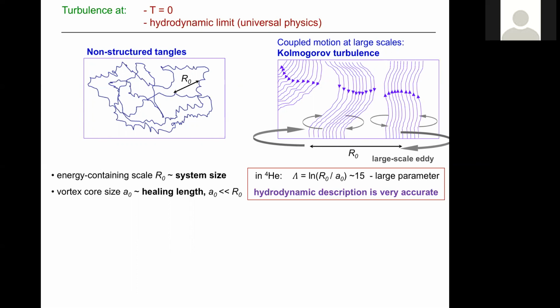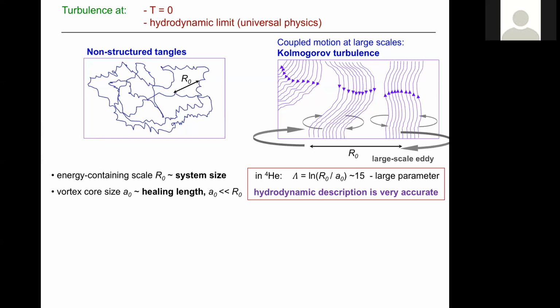So first of all, there are generally two scales that we need to focus on: the system size scale, where the energy is typically pumped into the system, and it is usually, at least in helium experiments, much larger than the healing length, the vortex core.